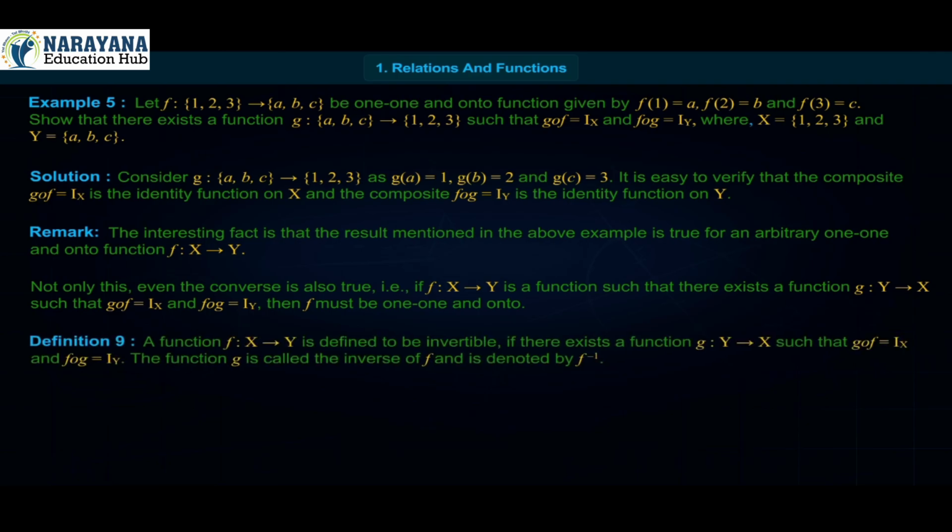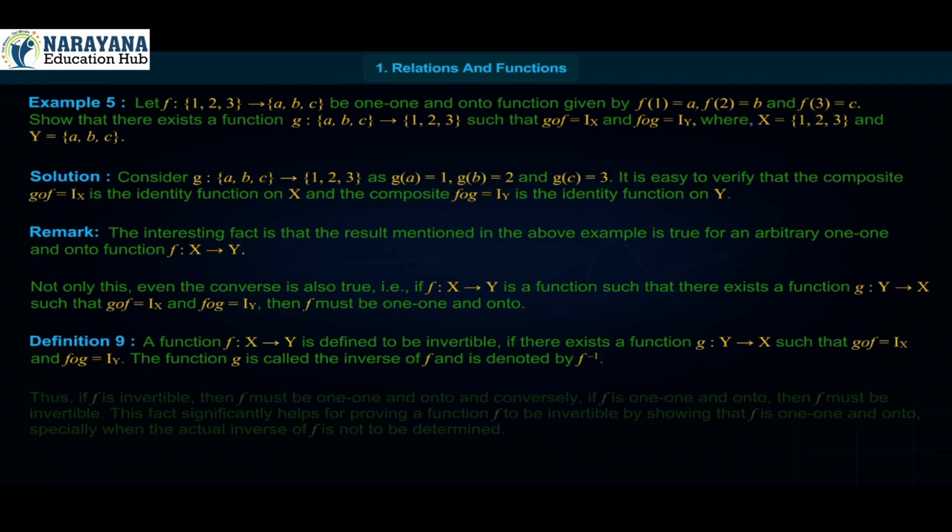Definition: a function f from X to Y is defined to be invertible if there exists a function g from Y to X such that g∘f = I_X and f∘g = I_Y. The function g is called the inverse of f and is denoted by f inverse.